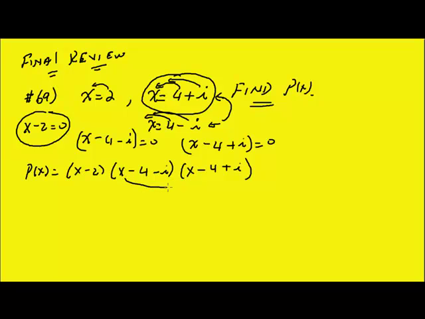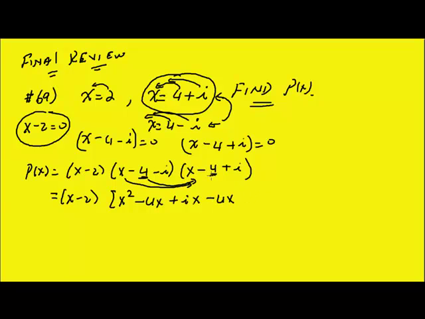So we're going to take x and multiply everything in the third parentheses by it. So that means I'm going to leave my x minus 2 alone for right now. So x times all of this is going to give me x to the second minus 4x plus ix. Now I'm going to take a negative 4 and multiply everything in the third parentheses. So negative 4 times x is negative 4x.